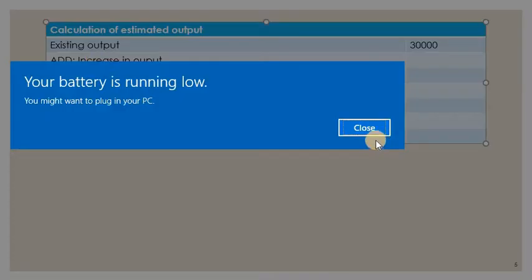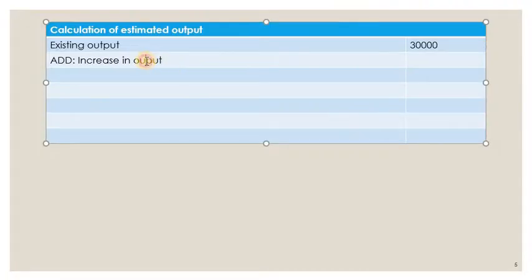How much is the increase in the output? That is 50% of 30,000, which is 15,000. So total output is 45,000 units. Now the first thing is over.